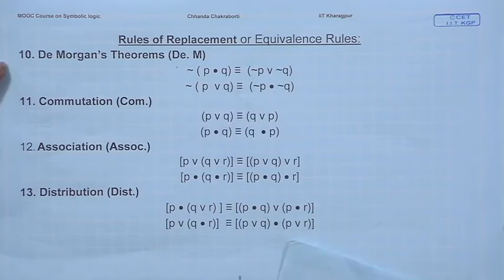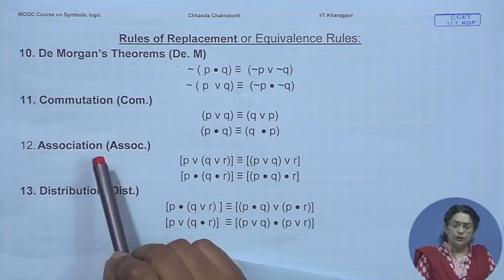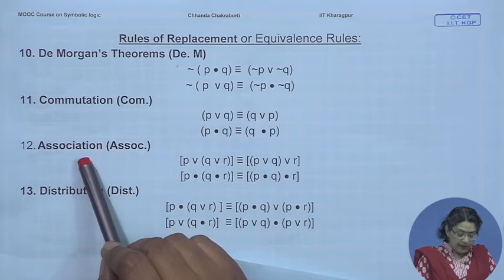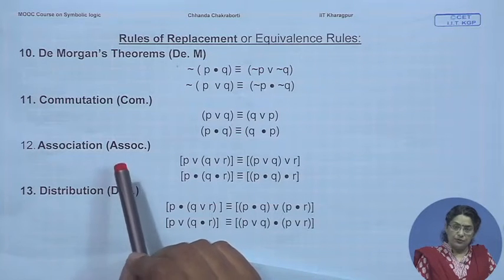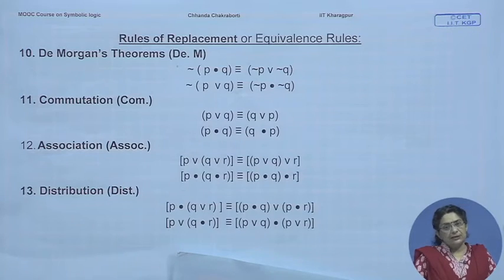So, pay attention to each one of them as we go along. We have covered so far De Morgan's theorems, which we will call DEM. We have commutation, which we will call COM, and association, which we will call ASSOC, and this is distribution, which we will refer to as DIST.